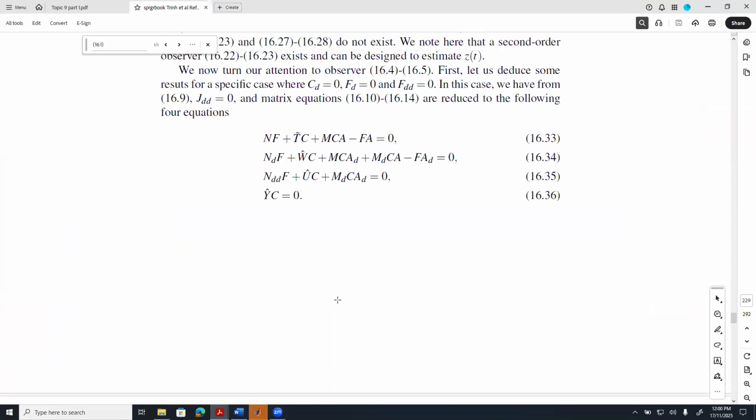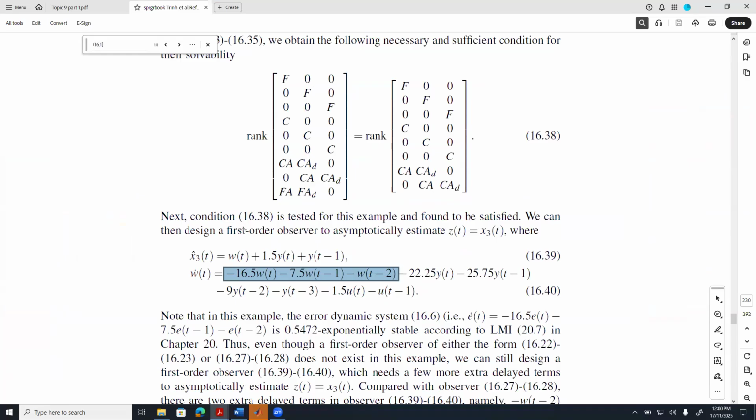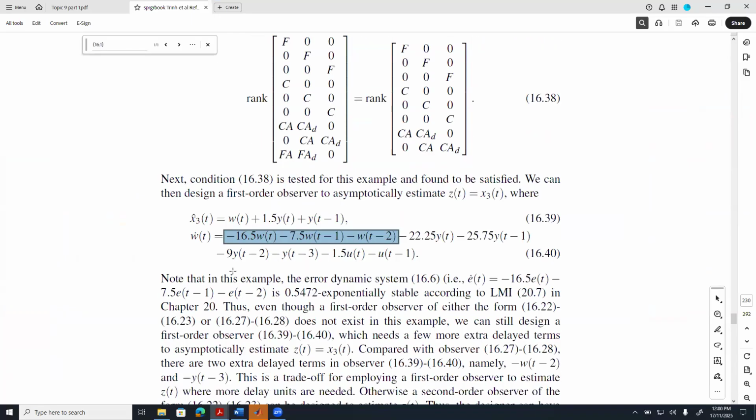So that means that we can actually ensure the error converges to 0 asymptotically. And when we did the analysis using the LMI condition in our reference, we found that it's actually stable with this beta value.